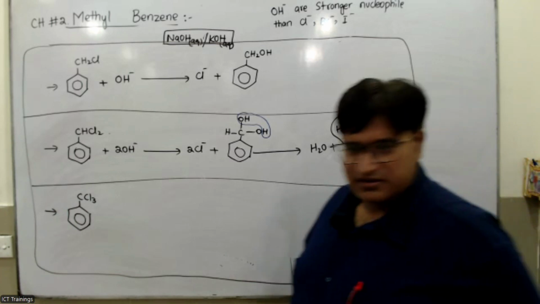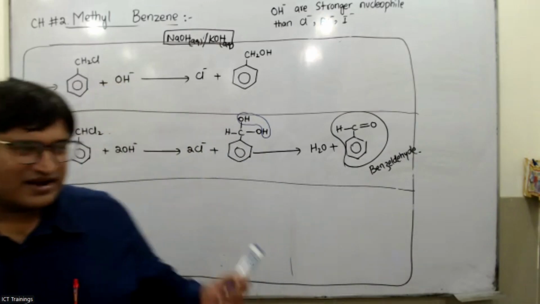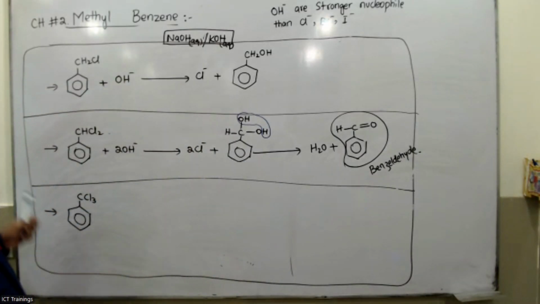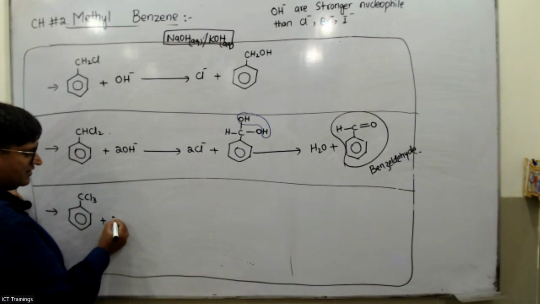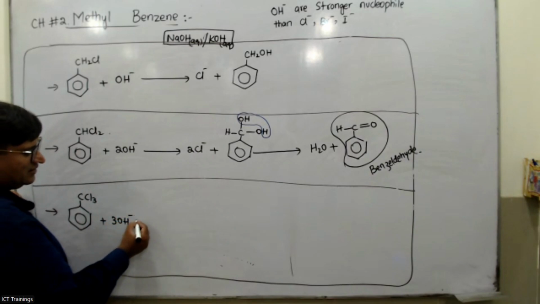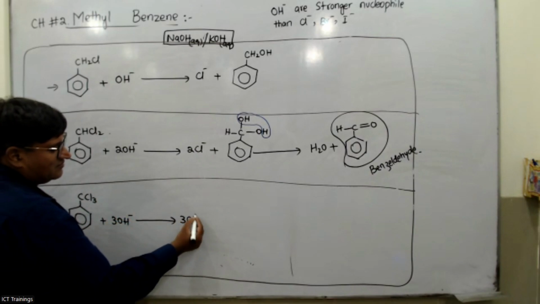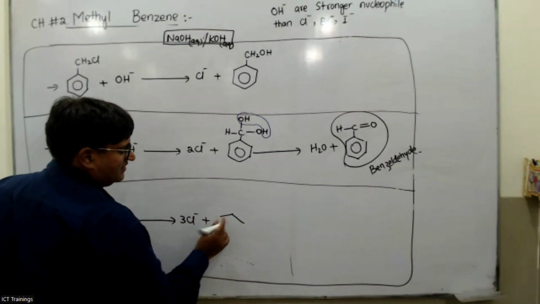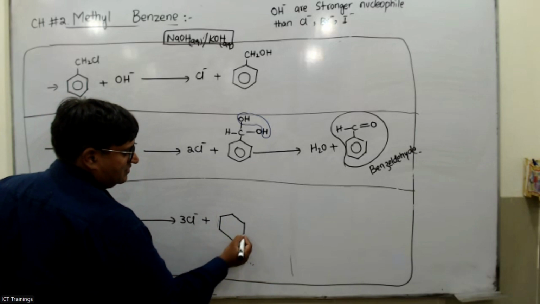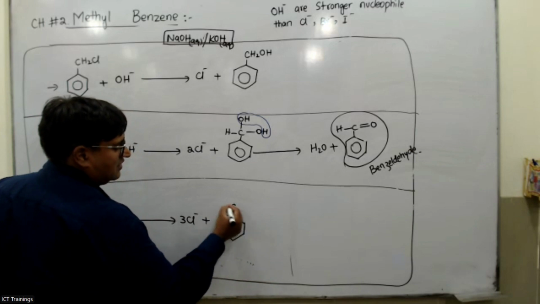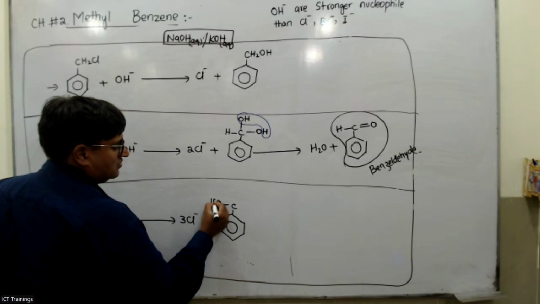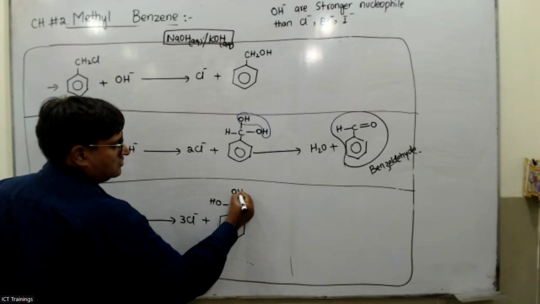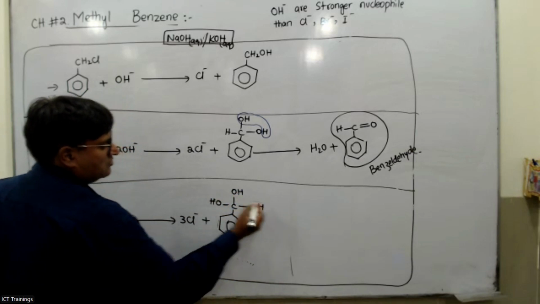Did you get it? Just like that, if you look at this case, the same thing would happen. The three OH minus are being used, my dear, so they are going to replace the three Cl minus. And what is left here? This is benzene, this is carbon, this is OH, this is OH, and this is OH.